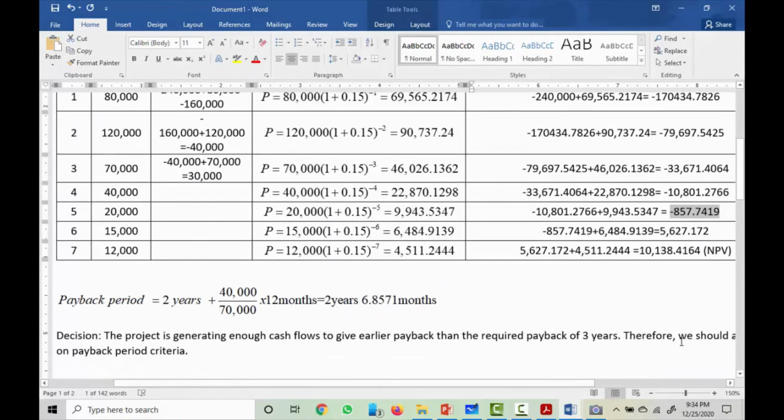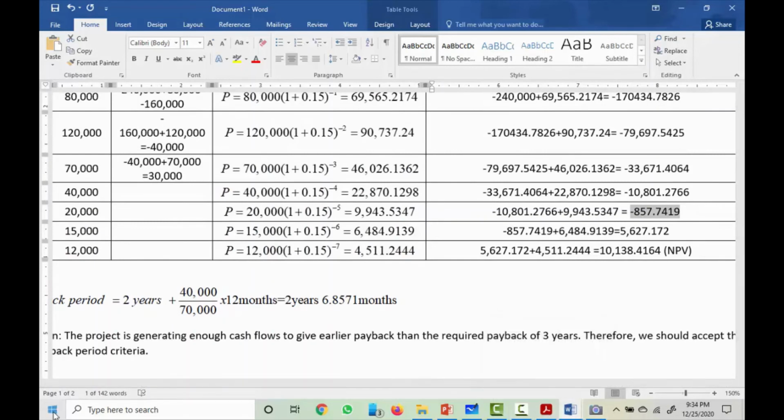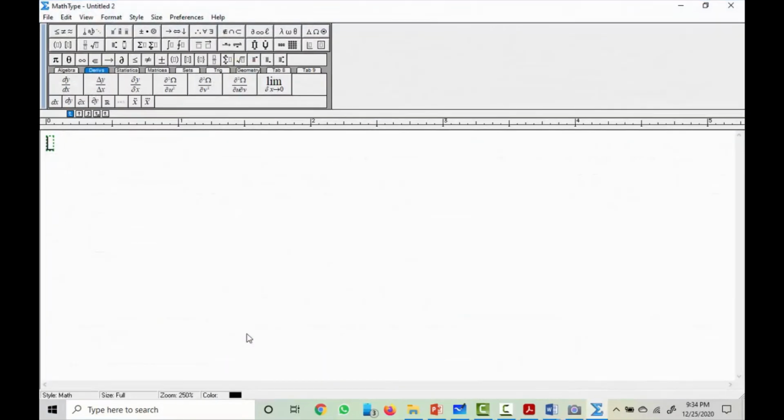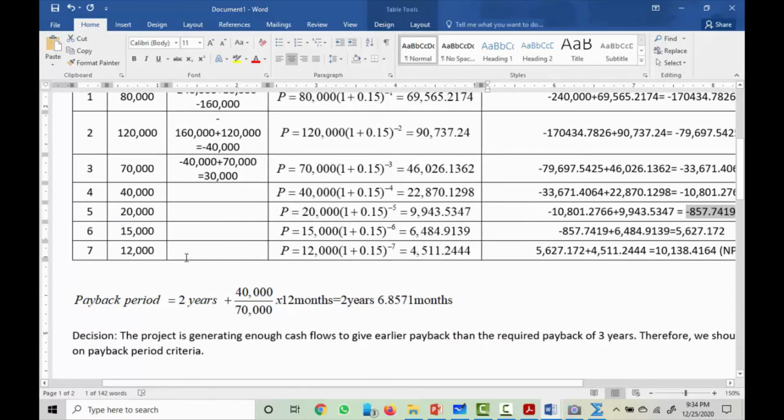So what do we need to do to find out the discounted payback period? Obviously the discounted payback period is more than 5 years but less than 6 years, because after 5 years we are still in short of 857 taka present value.